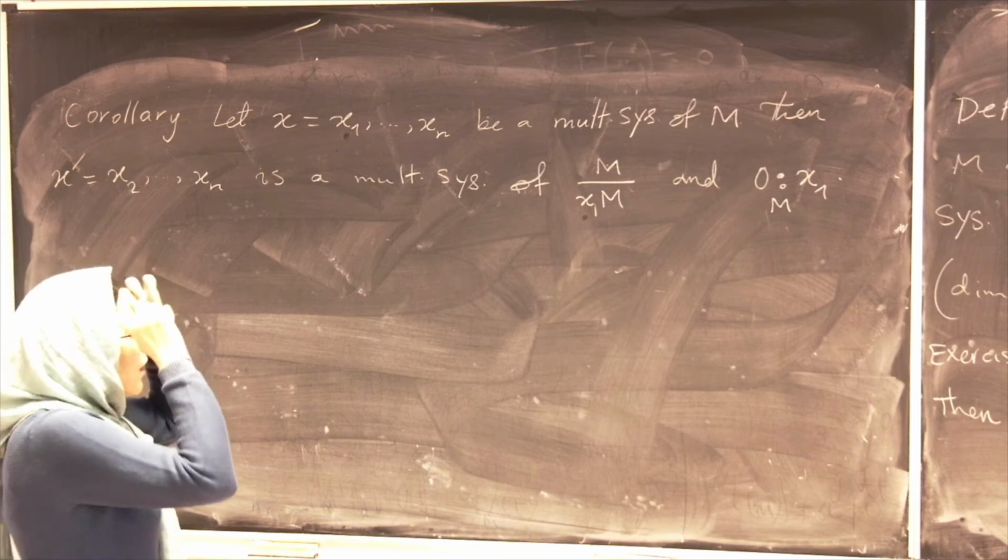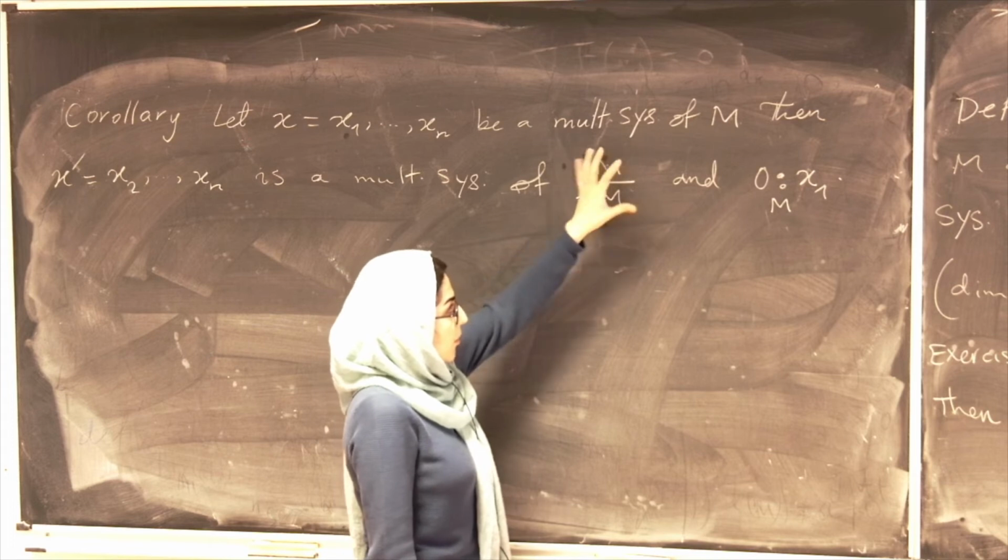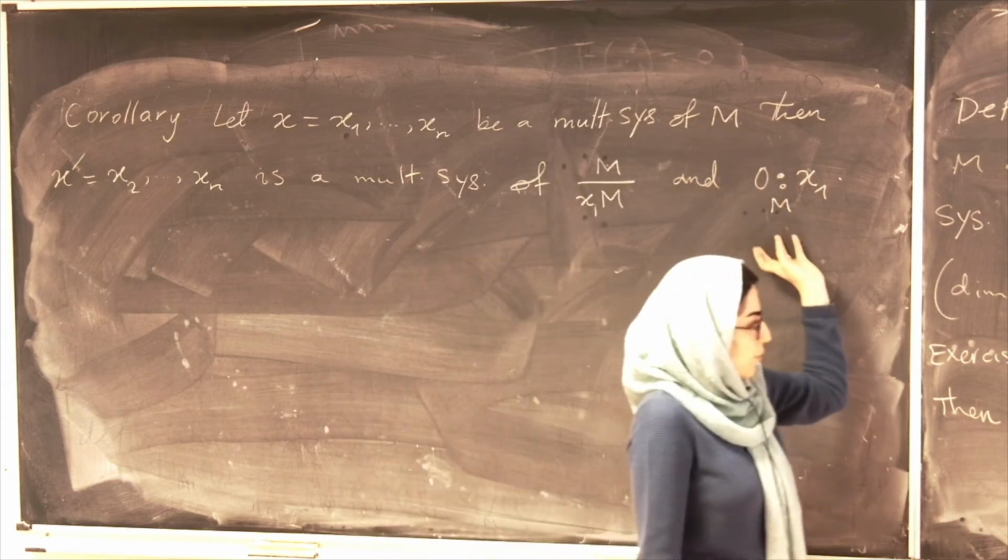Why? Because this is a quotient module of M, and this is a submodule of M, and for both of them we have trivial short exact sequences.